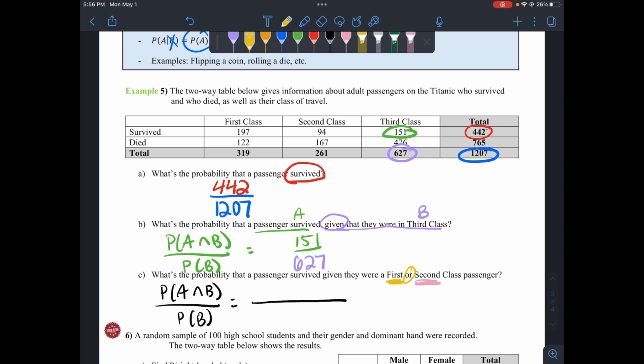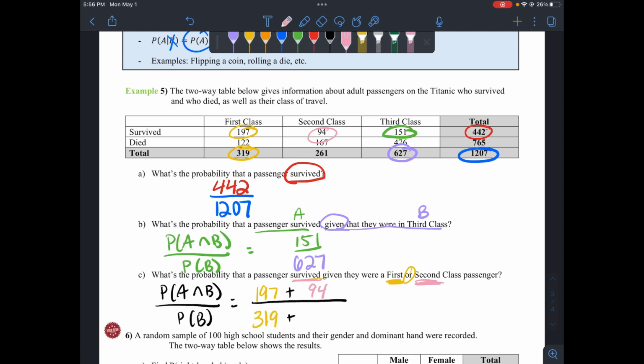So let's find the intersection. So what's the probability that a passenger survived and was in first class? That is 197. And we also have an or, so we'll have to add that probability. And then you have the probability of the intersection of survived and second class, which is 94. Okay, and then we're going to divide it by the probability of B. So we want to find how many were first class passengers, which was 319.